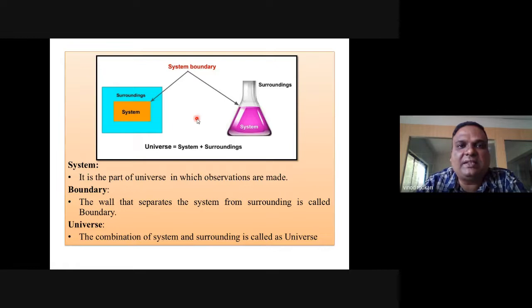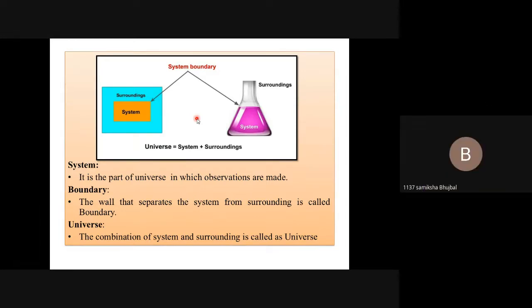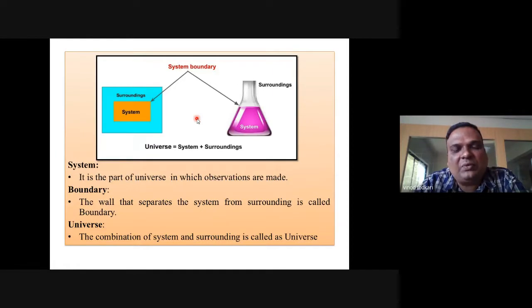So everything in the universe other than the system is called surrounding. Now tell me, what is a boundary? The wall that separates the system and surroundings. Yes. Boundary is the thing which separates system from the surrounding.